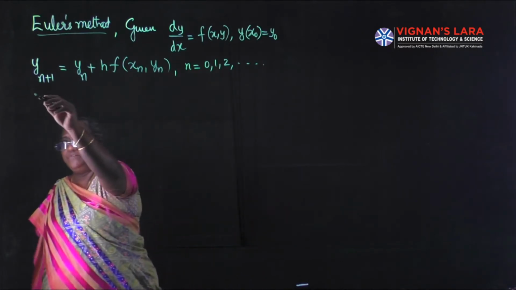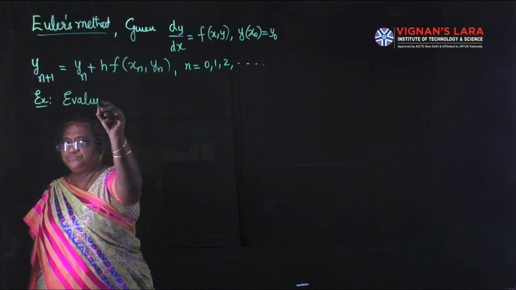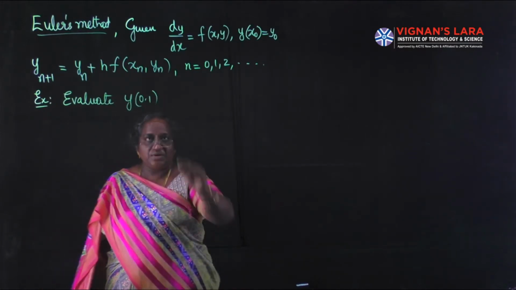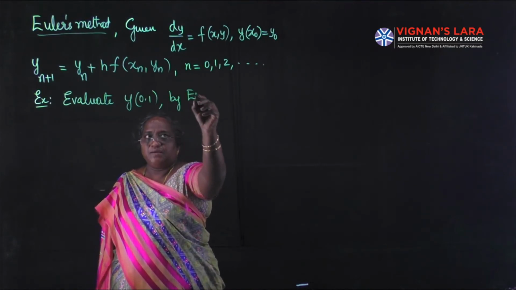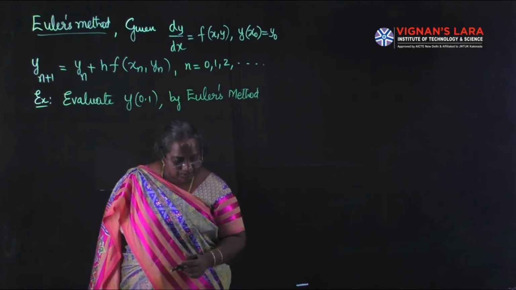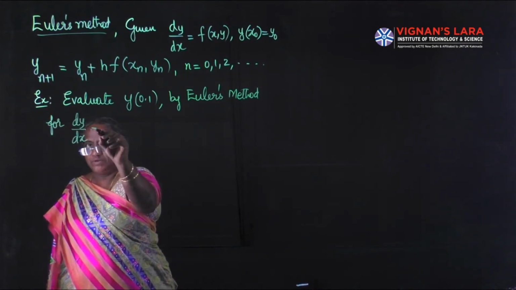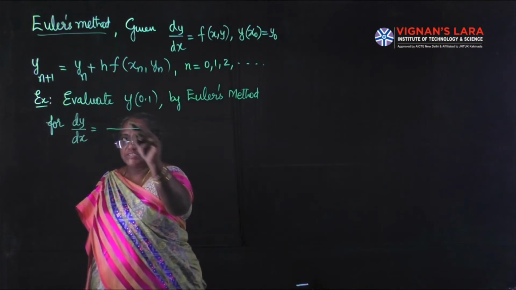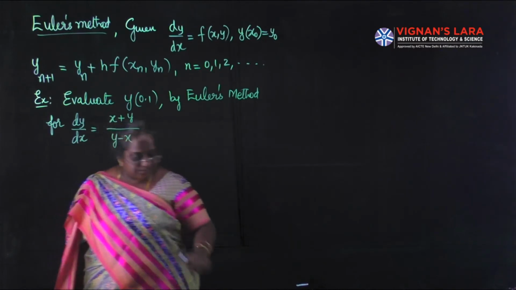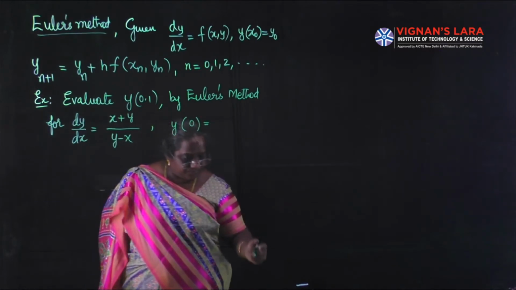Example. Evaluate y of 0.1 by Euler's method for dy by dx is equal to x plus y by y minus x, given y of 0 is equal to 1.